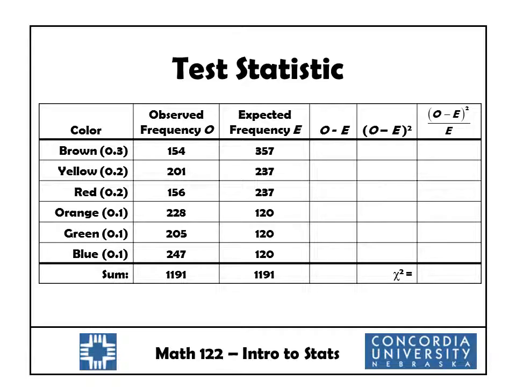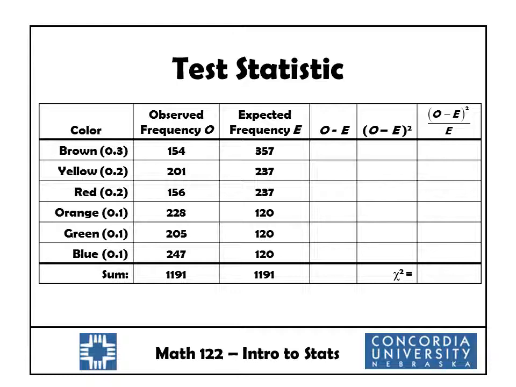So I've got the claimed proportions there in parentheses beside the color. So we take 0.3 times 1191 to get 357.